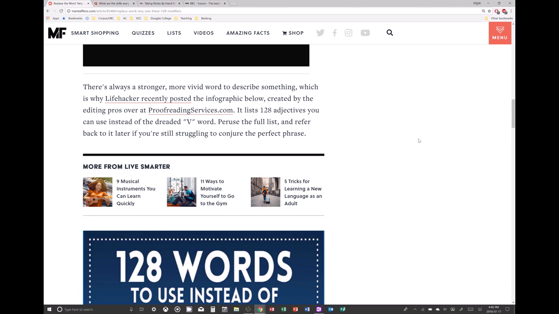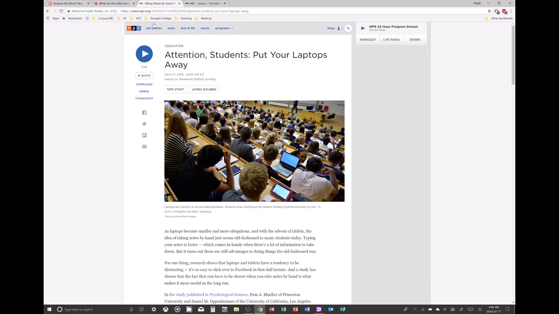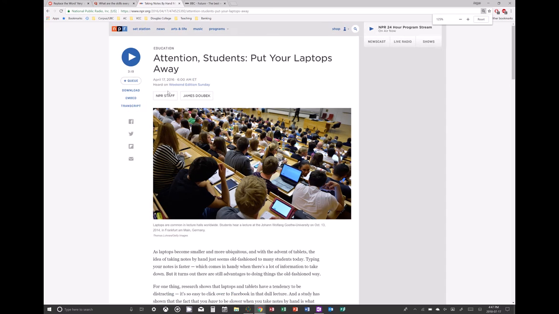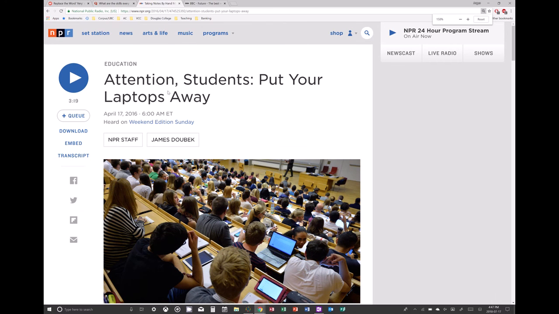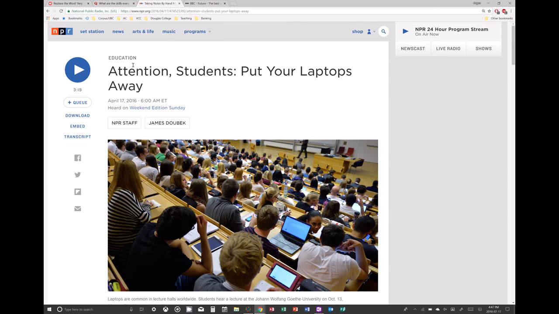and I'll be using the readings from day 1, the 4 articles that are posted on your Canvas that you should read, especially this one. I'll zoom in. "Attention students, put your laptops away." That's the 3rd article.